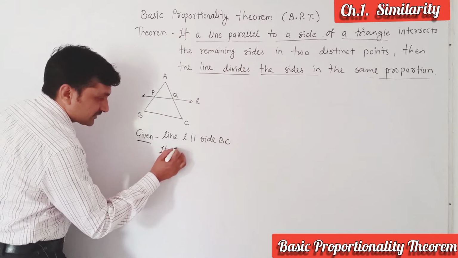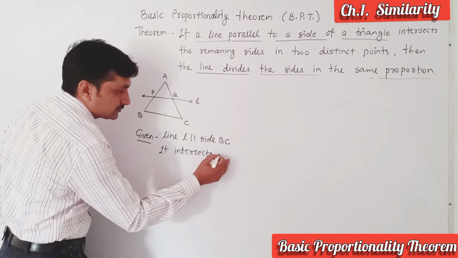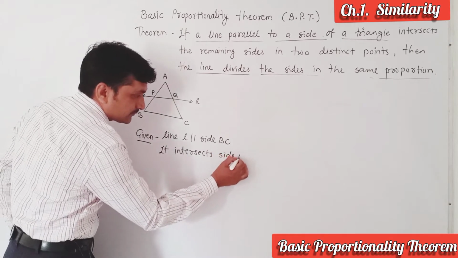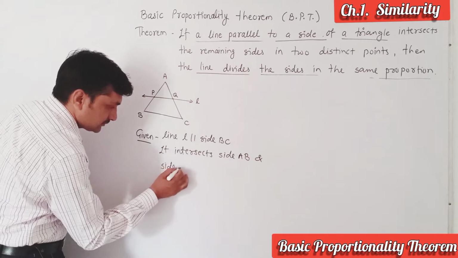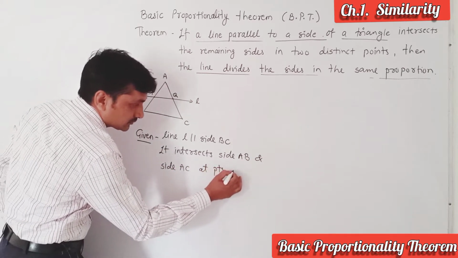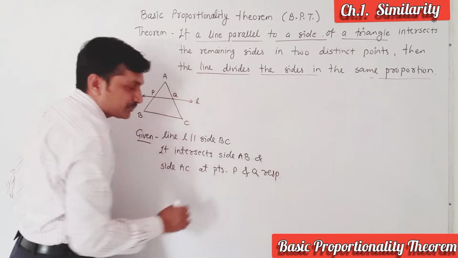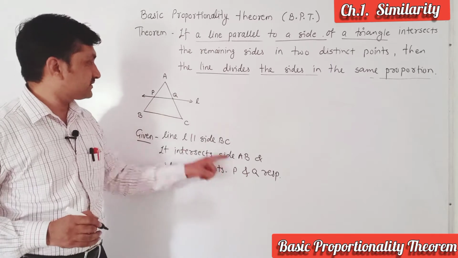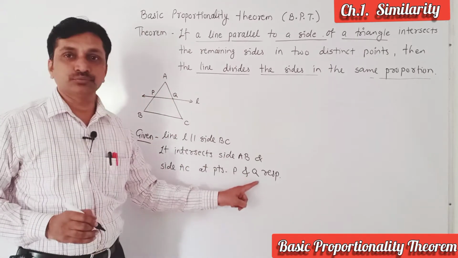It intersects side AB and side AC at points P and Q respectively. Respectively means line L intersects side AB at point P and side AC at point Q.